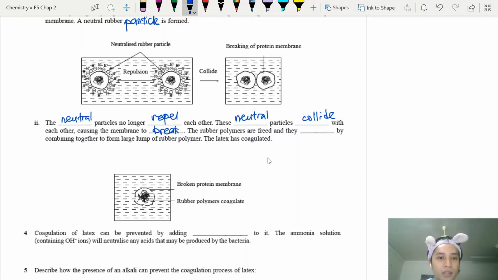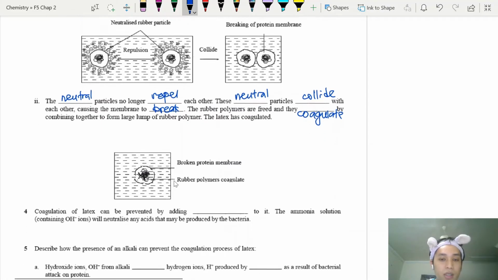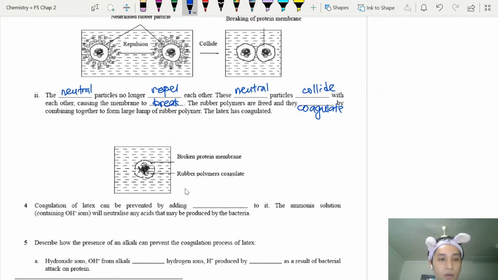Once you break the membrane, the rubber molecules can come out. The polymer can come out and then they are going to coagulate. And that is how you coagulate rubber, or what we call latex.